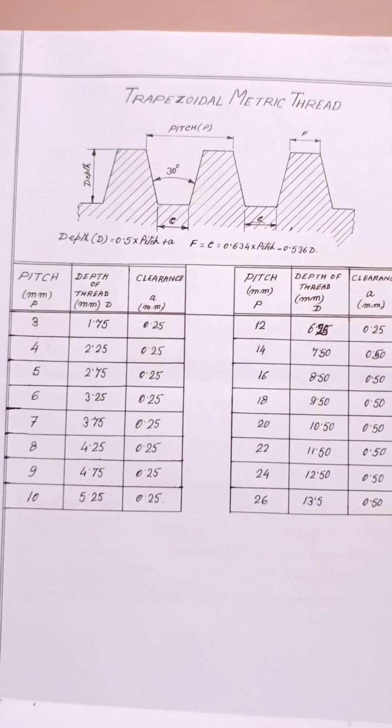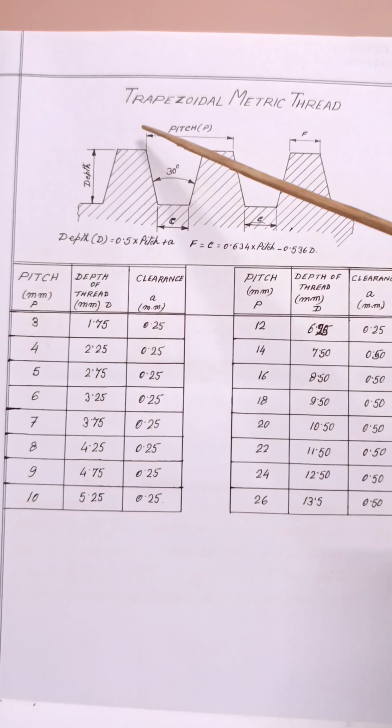In this thread, the root is always flat, parallel to the axis of the thread. The top is also flat, having a certain distance, this F. This is the pitch, from this point to this point.